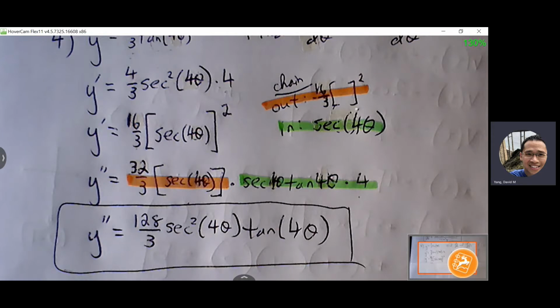Okay, try number 5. Number 5, similar to the problem that we did on the previous page, find the equation of tangent lines. So use your x value in the function to get your y value, find the derivative. Then you can use that and the x value to find your slope, and then point slope form.